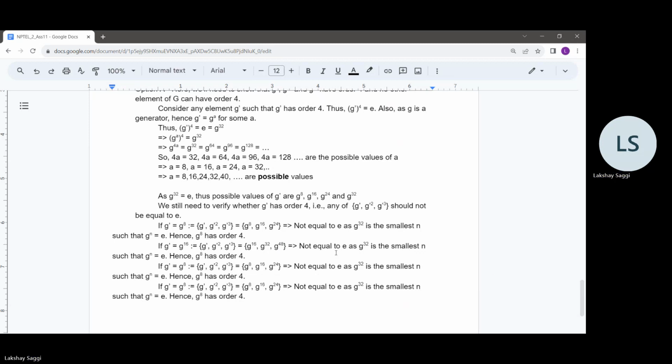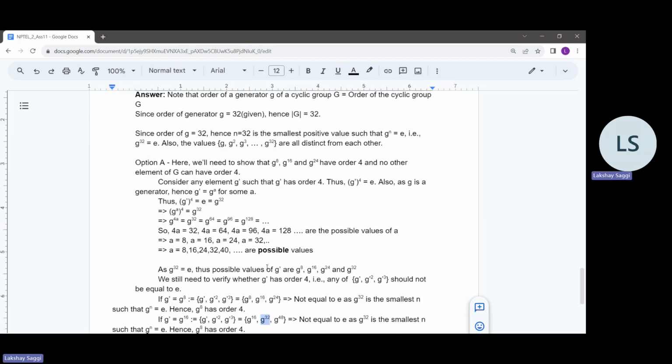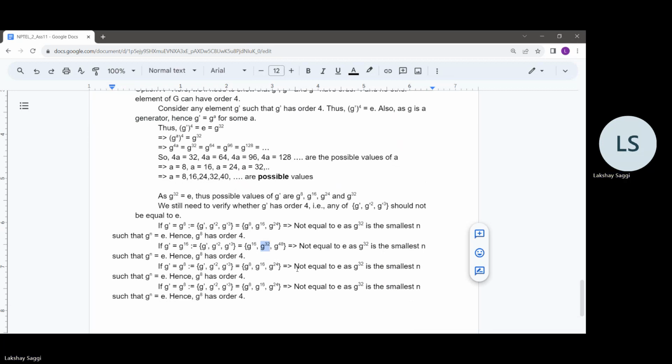Right. So now here the g raised to the power 32 term comes in, and this term already has the value e. That's why g to the power 16 does not have order 4.